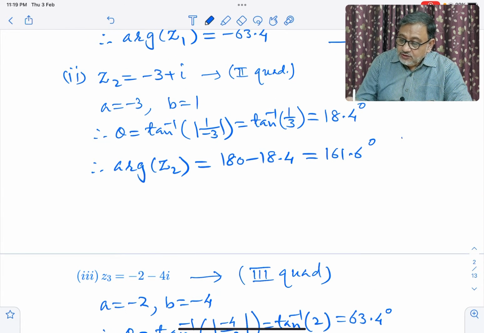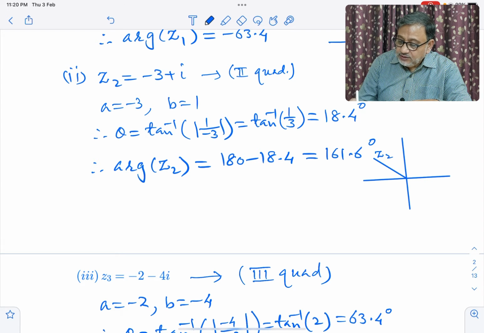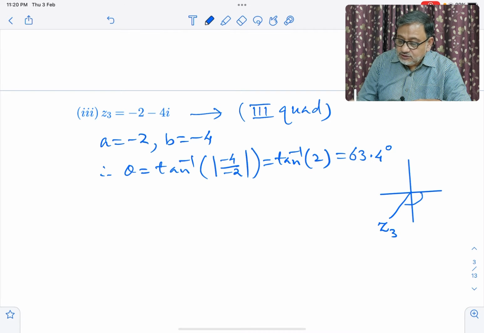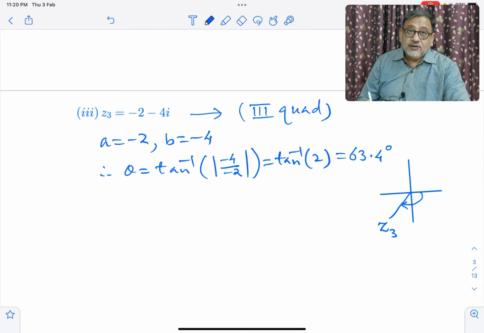Yeah, let me draw the figure of the argument of the complex number. So it will be somewhere here, Z2, and it will be this angle. Okay. Now this is in the third quadrant, as I said just now. Here is the complex number Z3, and this will be the angle. But we found only theta, right?